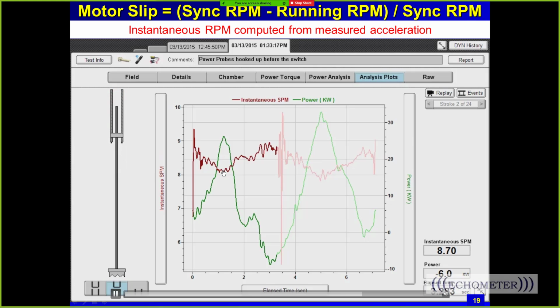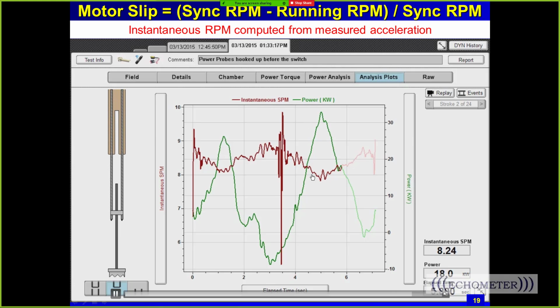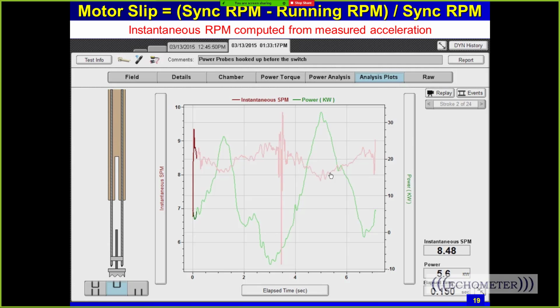And so we see when the power goes up, lifting the rods, the motor slows down, and then the motor speeds up when we generate power, when the power is below zero, and then again lifting the weights, the motor slows down, and we see a drop in SPM. That's the normal behavior, and that's called motor slip.